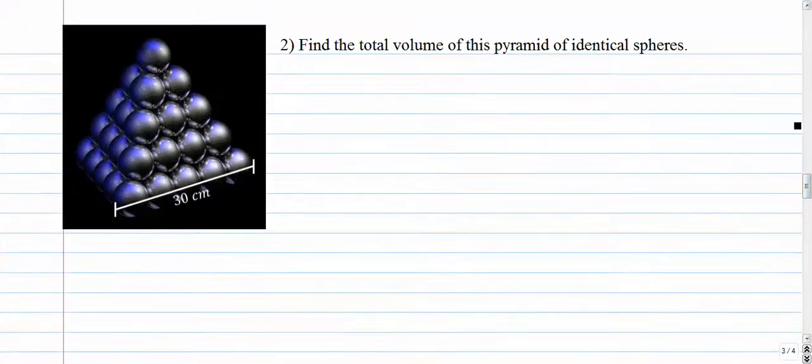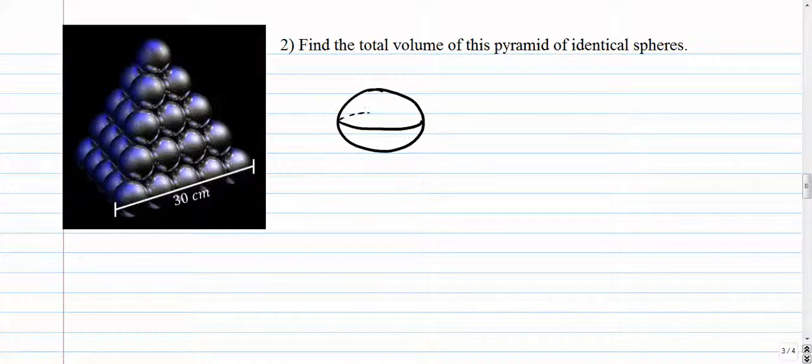Number 2, we have a collection of spheres. Find the total volume of this pyramid of identical spheres. So they're all the same. What I'm going to do is maybe draw one of them. When we draw spheres, we tend to draw them like this. The distance from here all the way over to here is 30 centimeters.